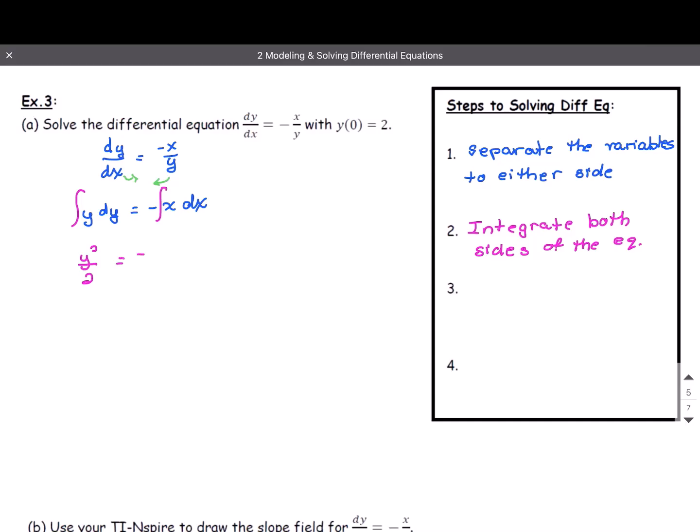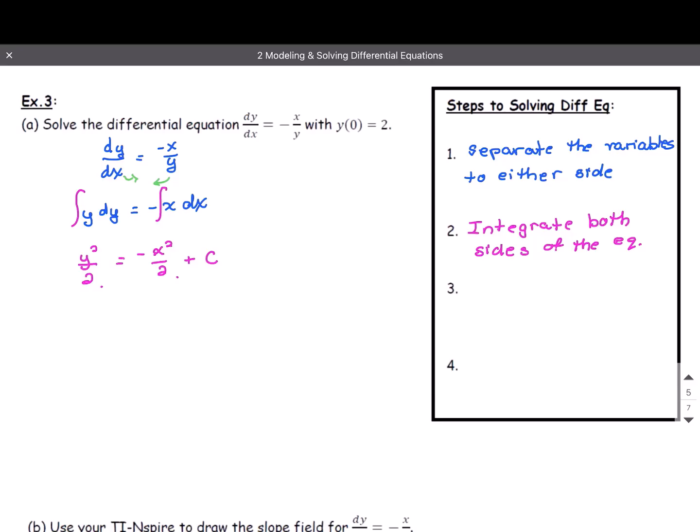Equals negative, and the antiderivative of x is x squared over 2. Now I get a constant on this side. If I have a constant on the left and a constant on the right, I can bring them all to one side and just have plus c. I suggest you do that because you don't want to have to deal with two c's. This gives you a constant, and then you only have one to solve for, and if it's on the side with the x's, it'll be easier to solve for y in the end.